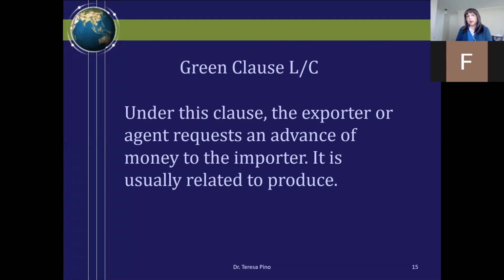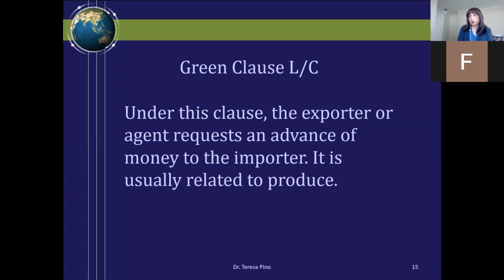So the bank gave an advance of money to the farmers until they harvested the produce, the fruit or whatever they were selling that was greens, right? And they could package that and then they would pay the rest of the merchandise. That happened for that. But today, green clause is used for everything.